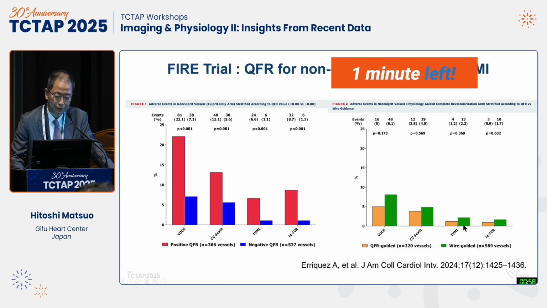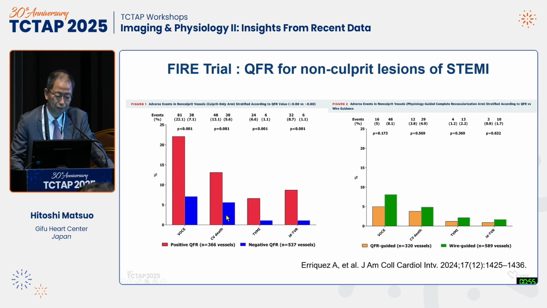And you can see the FIRE trial, which is a multi-center randomized trial comparing culprit-only lesion PCI and physiologically complete revascularization. You can see that after culprit-only lesion PCI, the QFR in the non-culprit region shows a significantly higher event rate in the ischemia-positive region compared to the negative regions.